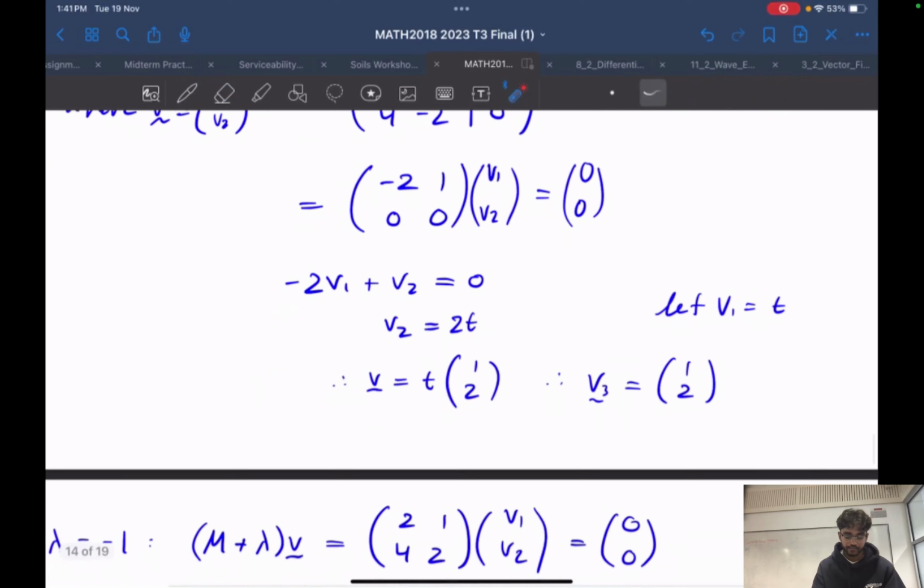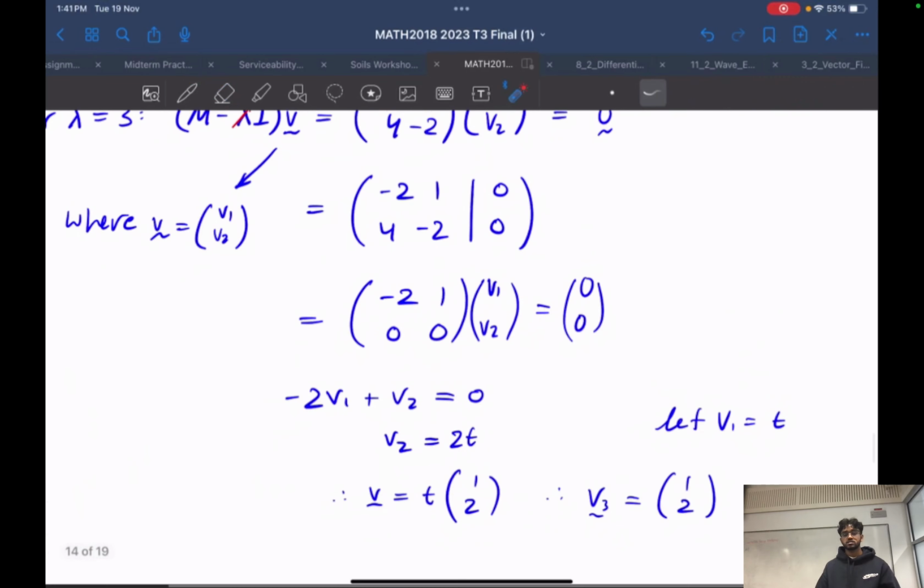So for the eigenvector, you don't really need to find the full vector, it's sort of a direction, if that makes sense. So if we end up with v equals t times the vector 1, 2, the direction that it's facing, which is 1, 2, that is our eigenvector. Okay, the direction that our v vector points. So we're solving for v essentially, right?